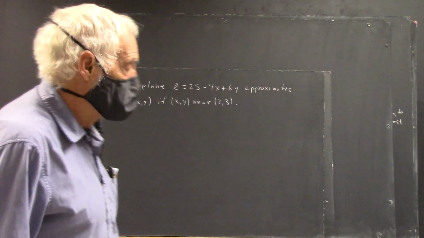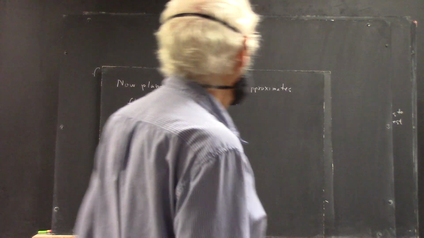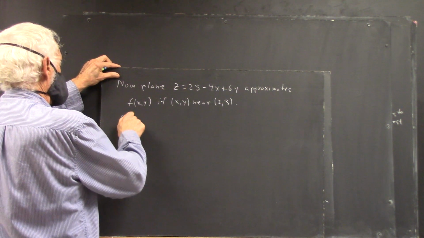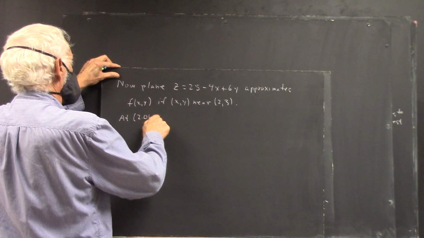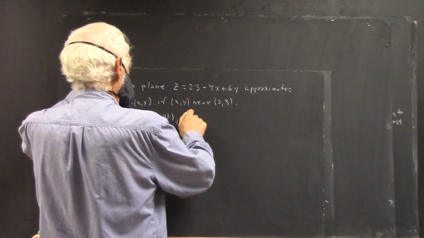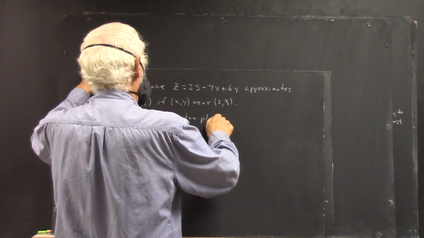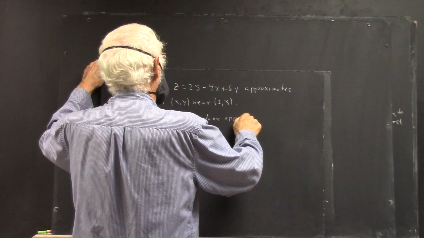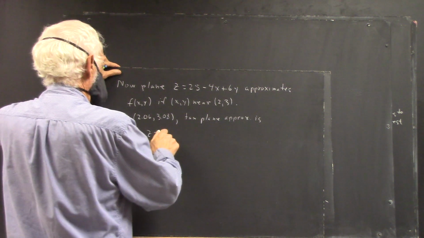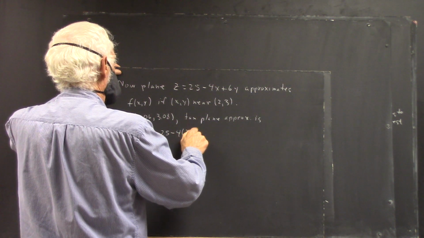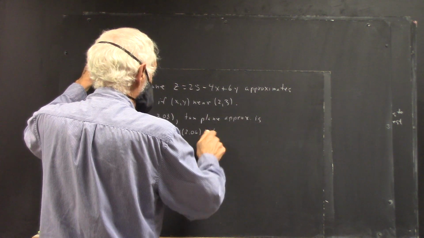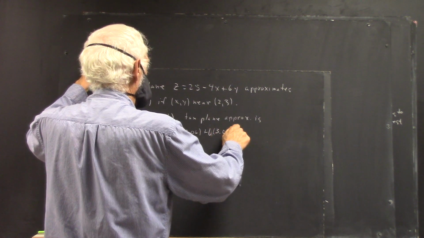So this approximates f of xy, if xy is near 2, 3. At 2.06, 3.08, the tangent plane approximation is z equals 25 minus 4 times 2.06 plus 6 times 3.08.